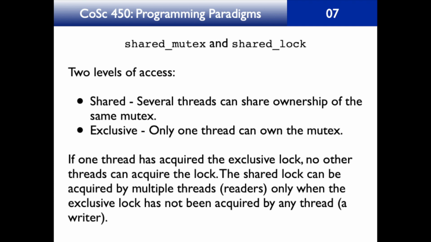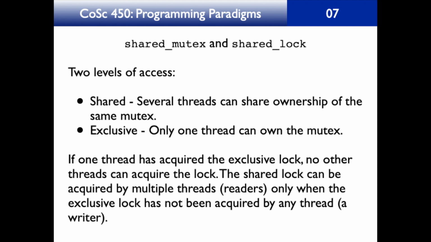There's a shared mutex and a shared lock, and there are two levels of access. These two levels are called shared, which is for the readers, and exclusive, which is for the writer. So with the shared level of access, several threads can share ownership of the same mutex, whereas with exclusive access, only one thread can own the mutex.